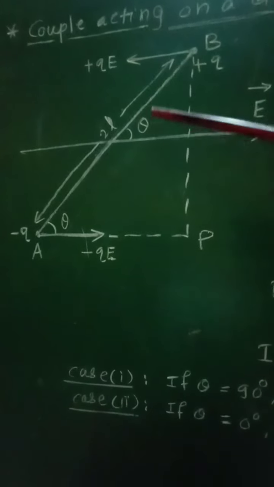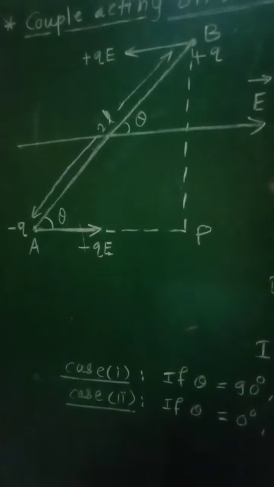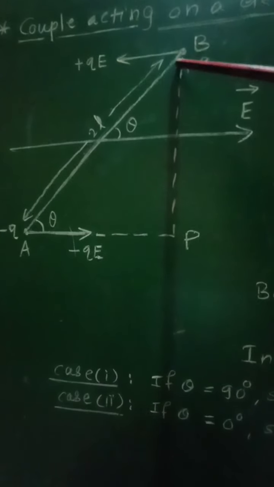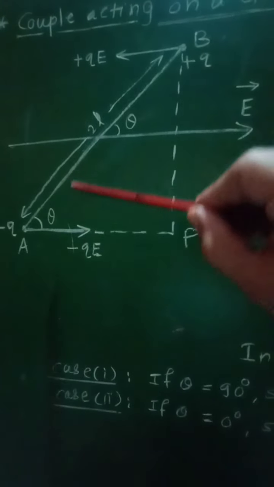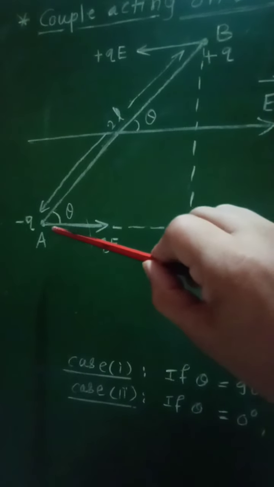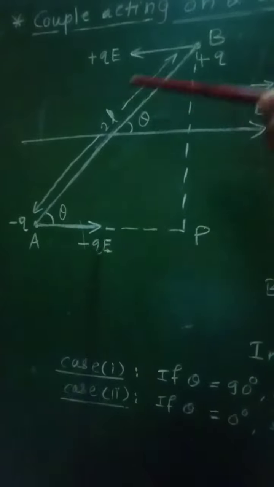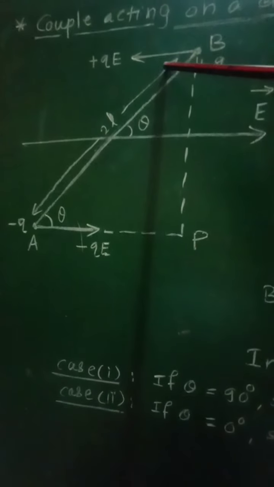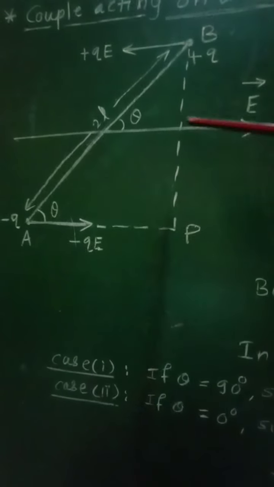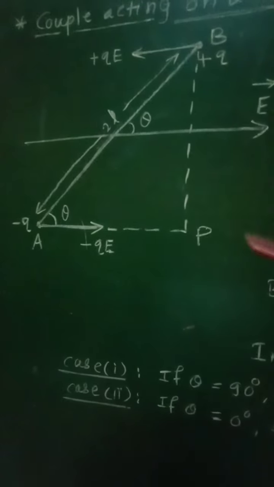But the force acting on the plus q charge will again be equal in magnitude but opposite in direction to the force acting on the minus q charge. So it is plus qE, which is directed opposite to the electric field.